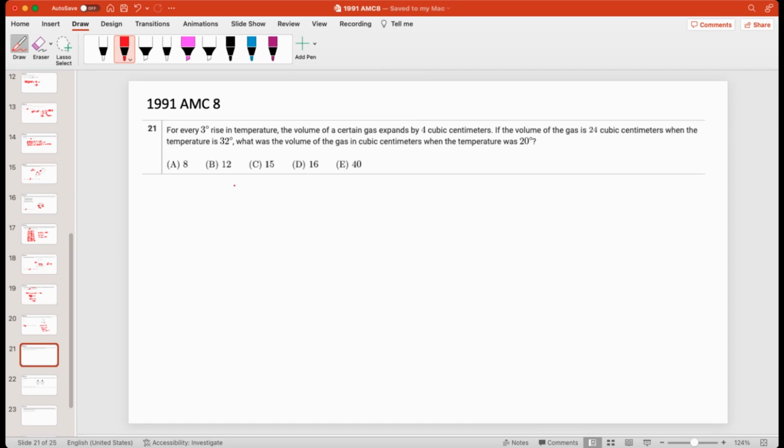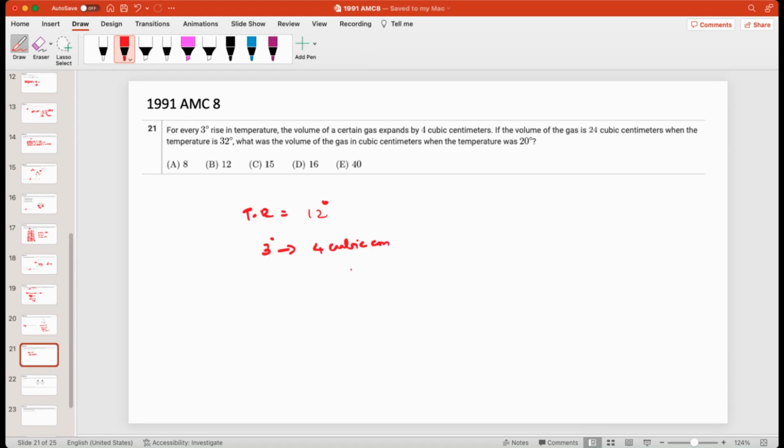So let's do that. It rose 12 degrees, so the temperature rise is equal to 12 degrees, correct? But for every 3 degrees rise, the gas expands by 4 cubic centimeters, correct?